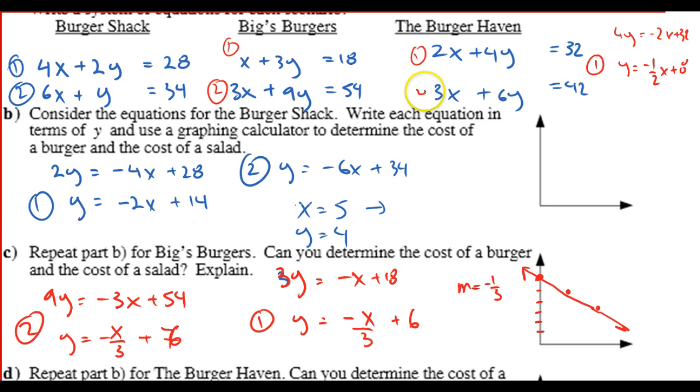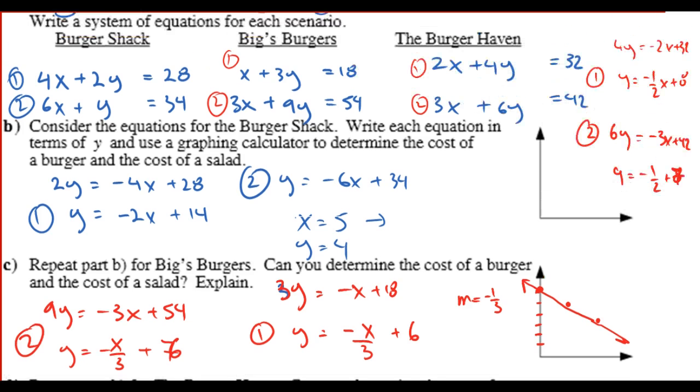And then equation 2 is going to be 6y equals negative 3x plus 42. Y equals negative 1/2 x plus 7. Yeah, almost made a mistake there. So I made a calculation error.